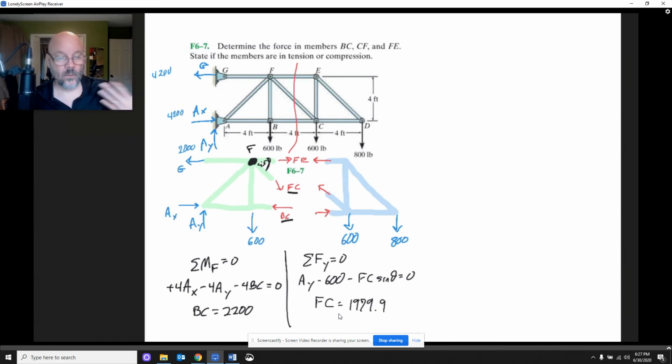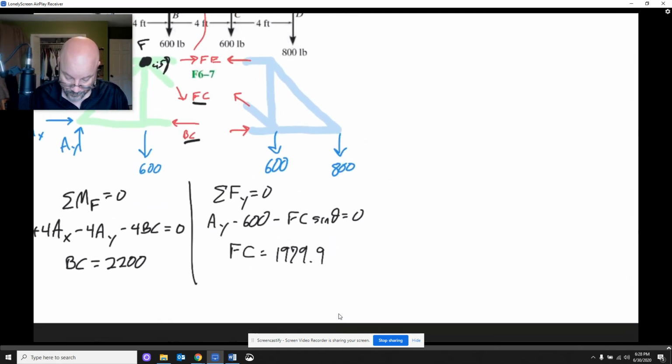And so the easiest way to do that is going to be to go ahead and look at the horizontal aspect of the forces.